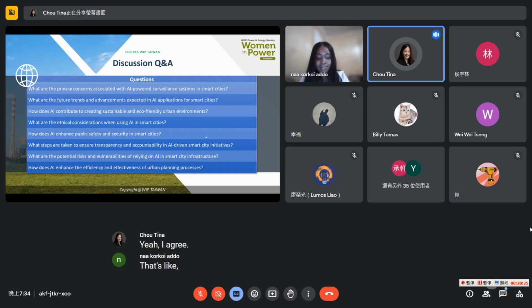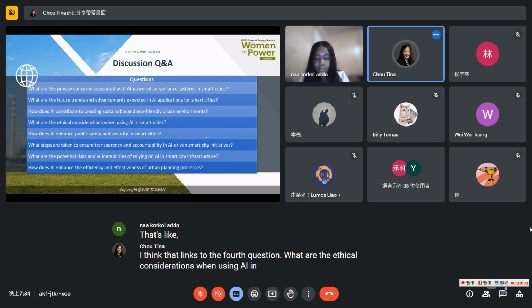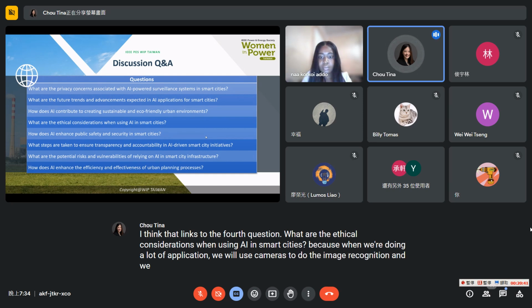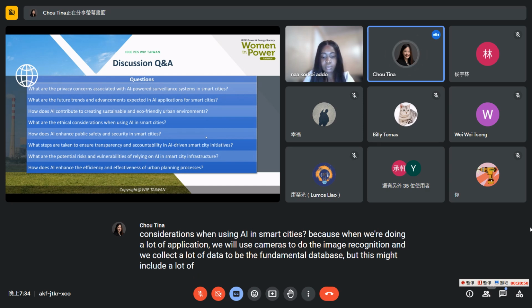I agree. I think that links to the fourth question: what are the ethical considerations when using AI in smart cities? Because in a lot of applications, we use cameras to do image recognition, and we collect a lot of data to be the fundamental database. But this might include a lot of private information, and maybe some trade secrets.